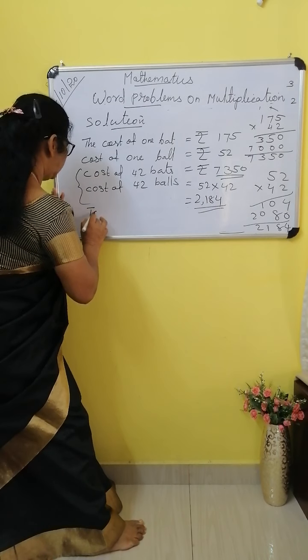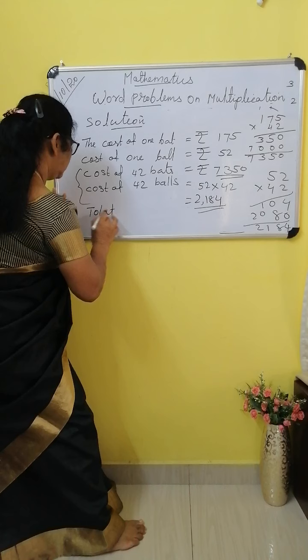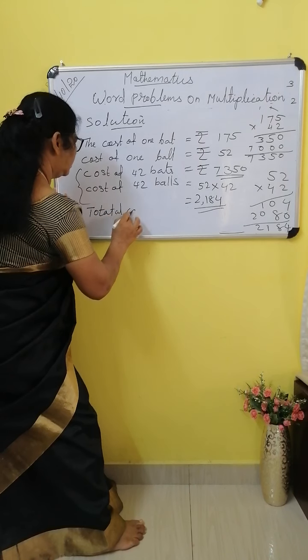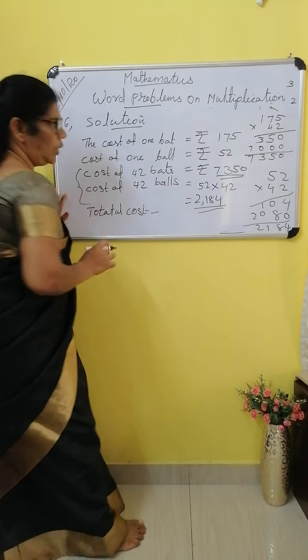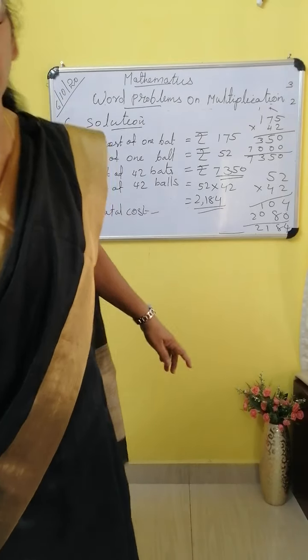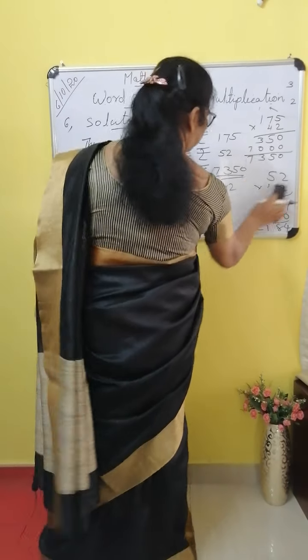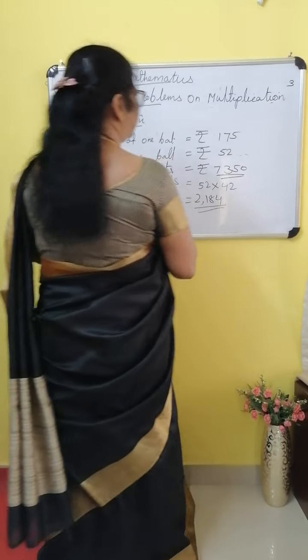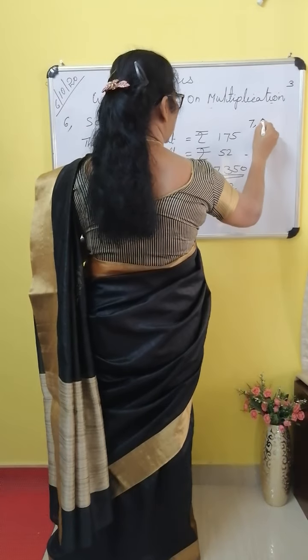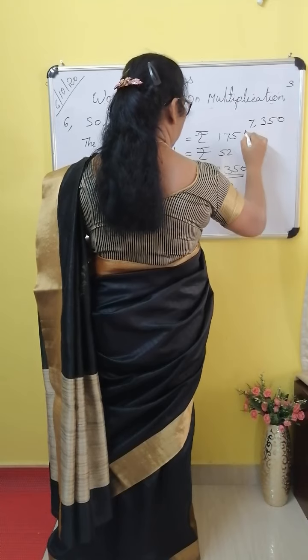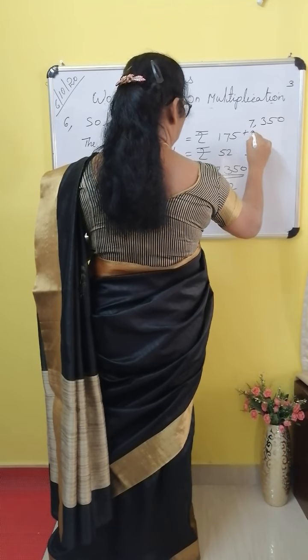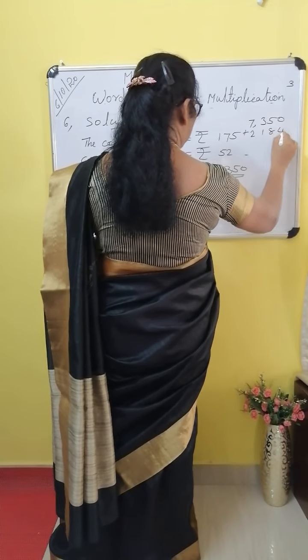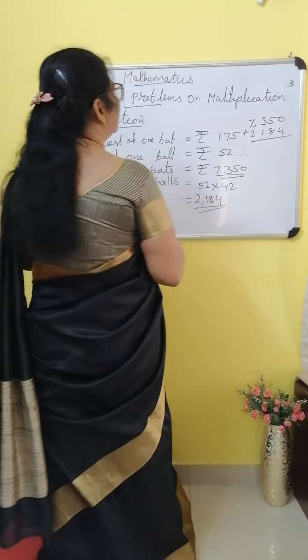Total cost equal, add the two numbers together. Rupees 7,350 plus 2,184. Okay.